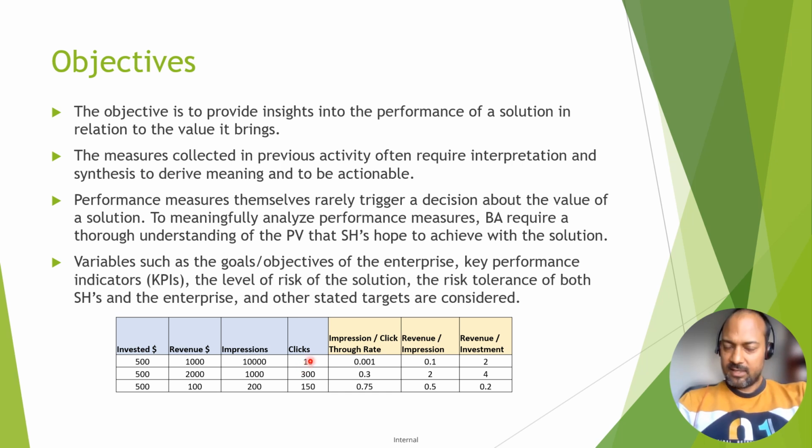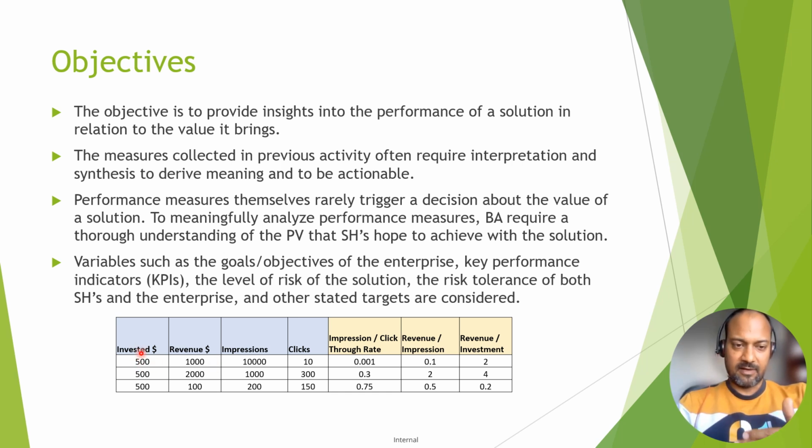But how are you going to measure the performance? The way of measuring the performance is that you set some key performance indicators. Just that you have invested $500 and earned revenue of $1,000 doesn't tell every story, right?